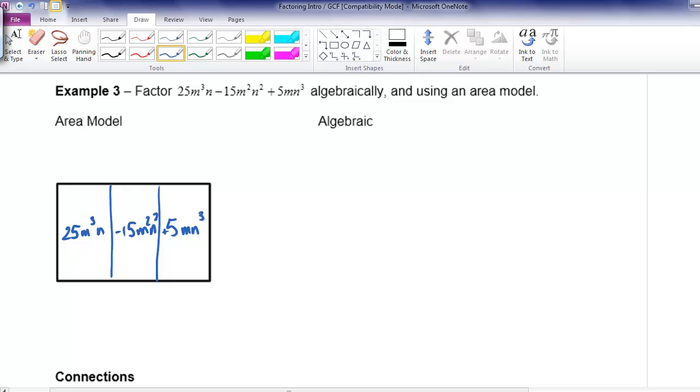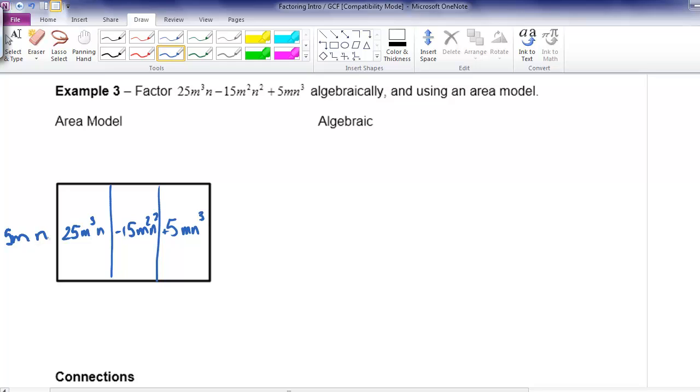I go, okay, numbers with numbers first. What's the biggest number that goes into 25, 15, and 5? Well, that's 5. Looks at the m's. What's the biggest m that goes into m cubed, m squared, and m? Well, that's just m. And what's the biggest power of n that goes into n, n squared, and n cubed?